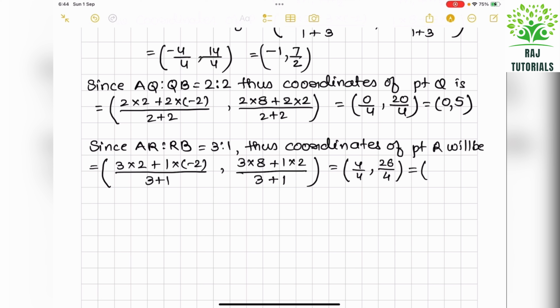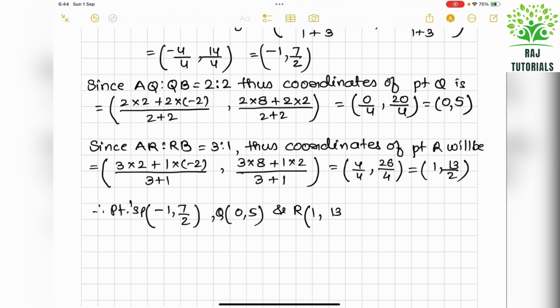So that will be equal to (1, 13 by 2). So therefore points P (minus 1, 7 by 2), Q (0, 5) and R (1, 13 by 2) divide AB in 4 equal parts.